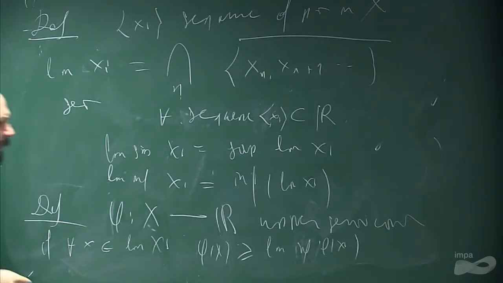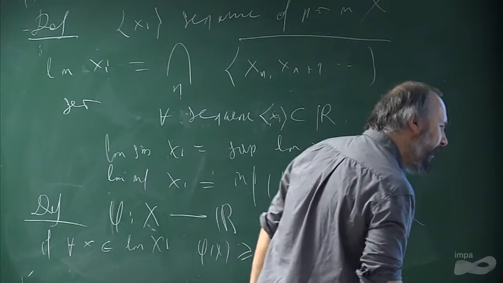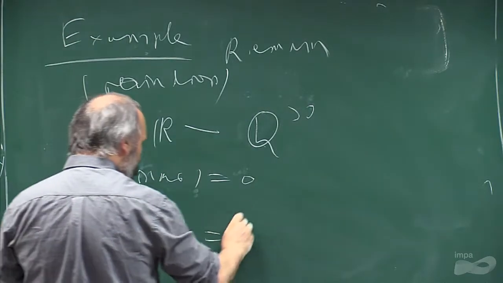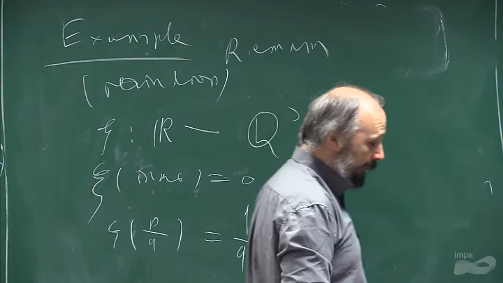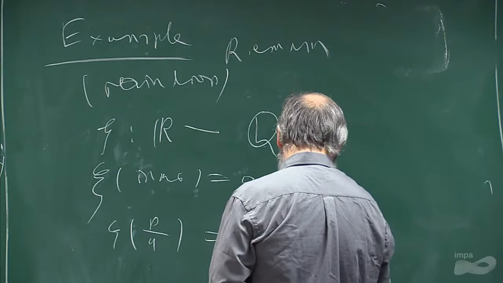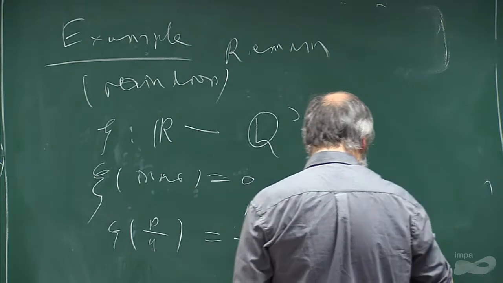So phi, it was denoted here xi, from R to Q positive. It takes xi of an irrational to be 0. And xi of p over q is equal to 1 over q for an irreducible fraction, p q irreducible fraction.